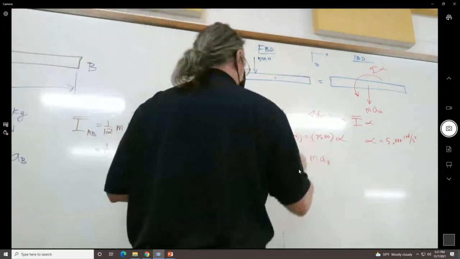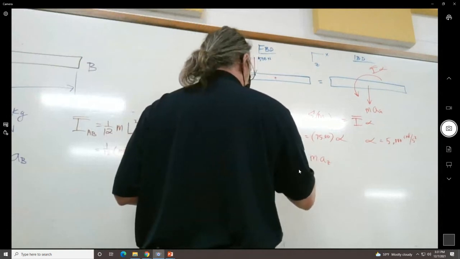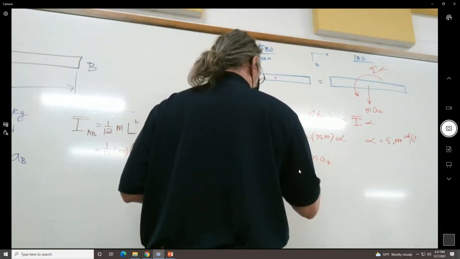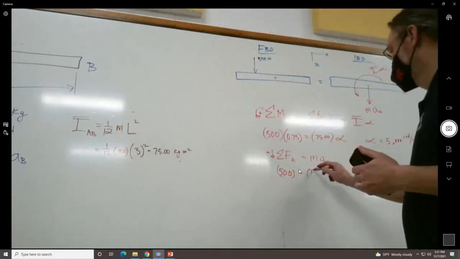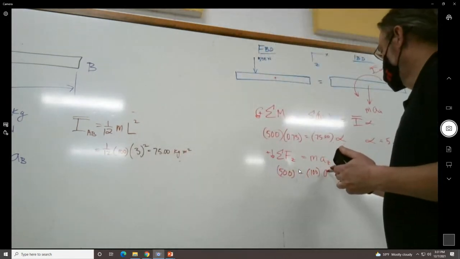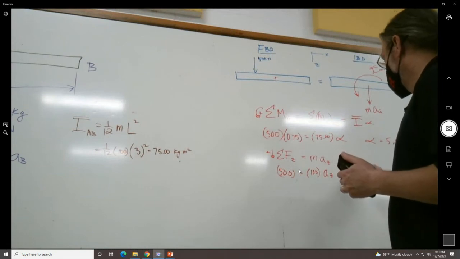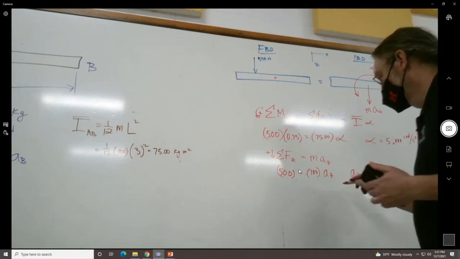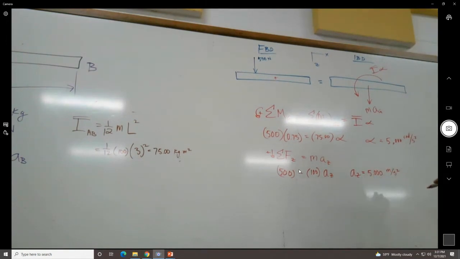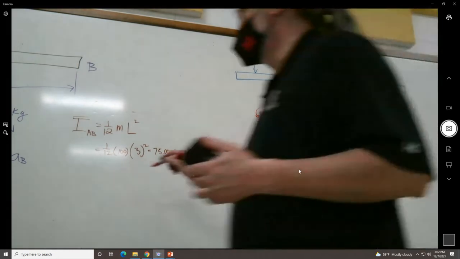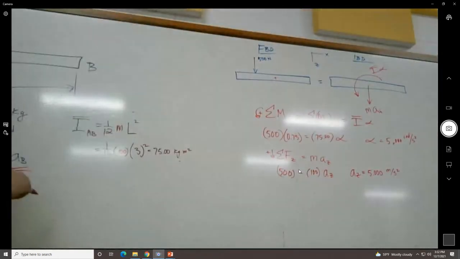We'll decide that's positive. 500 is going to be equal to 100 times a_z, so a_z is going to be 5 meters per second squared. Okay, did that right? So now what we were trying to find was the acceleration of B, right?